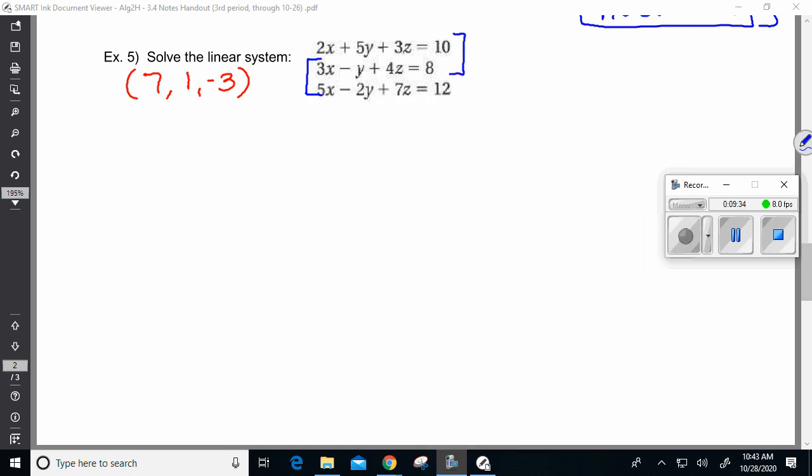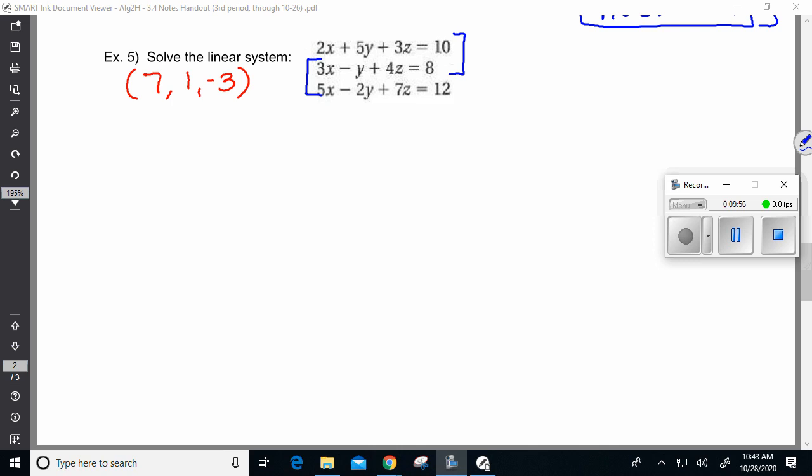So our approach is, I'm assuming we're doing elimination. We're going to cancel out the y's, and we're going to pair off the first and second equation and the second and third equation.